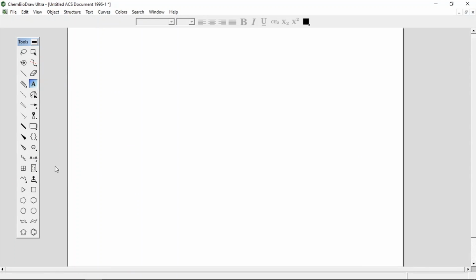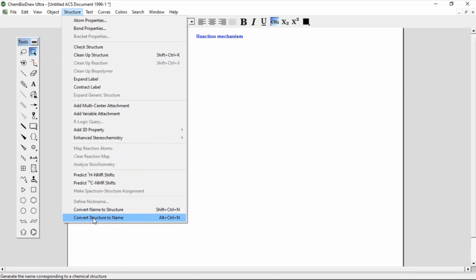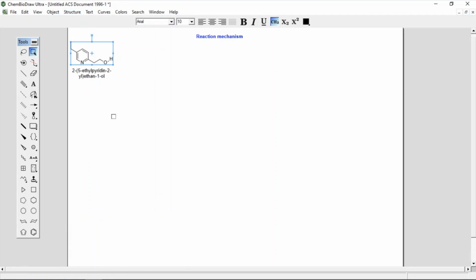So the synthesis starts with the first reaction mechanism. Nitrogen, and hydrogen, and the name of this compound, you can search its name, convert structure to name, so its name is this.